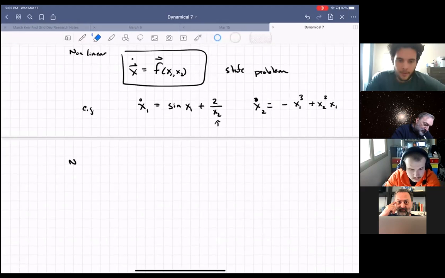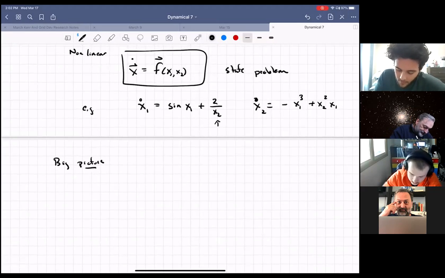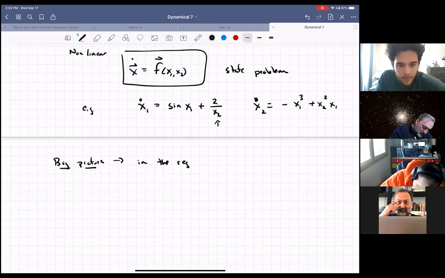Okay, so a couple of broad big picture points, in some region.